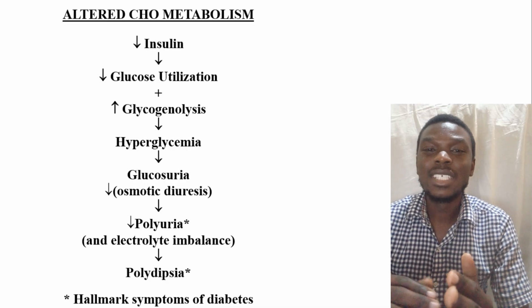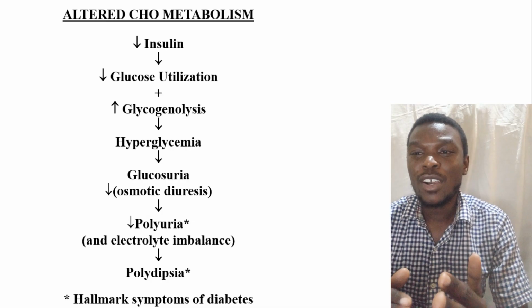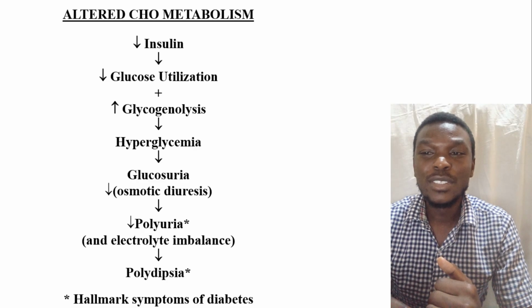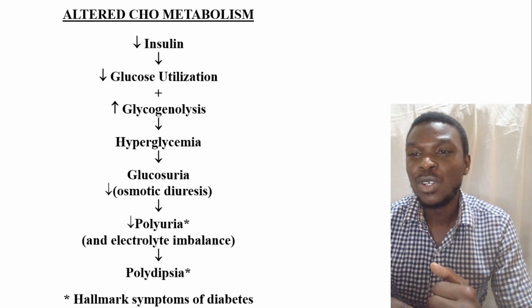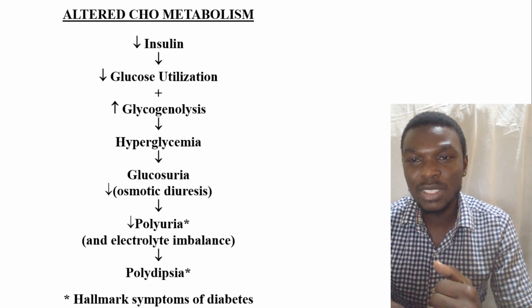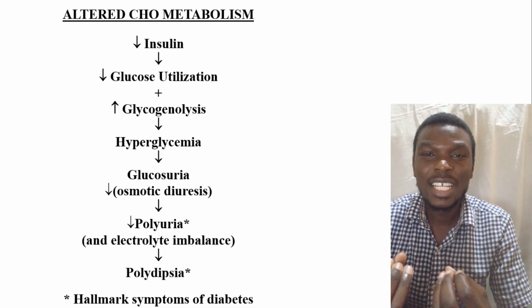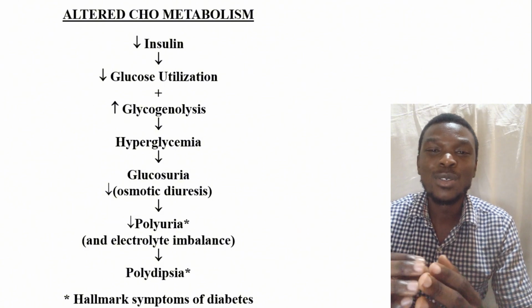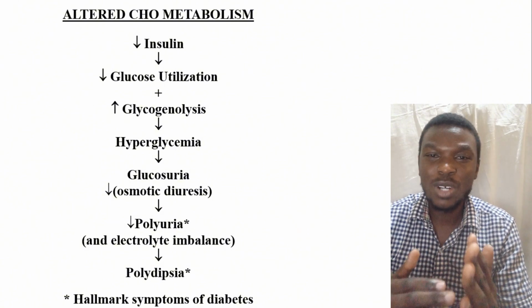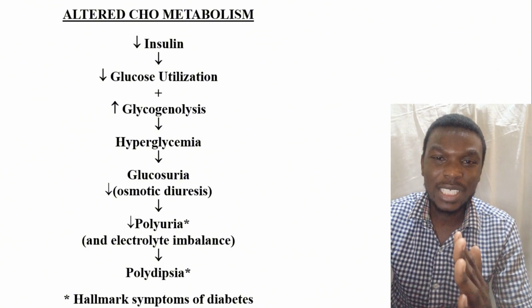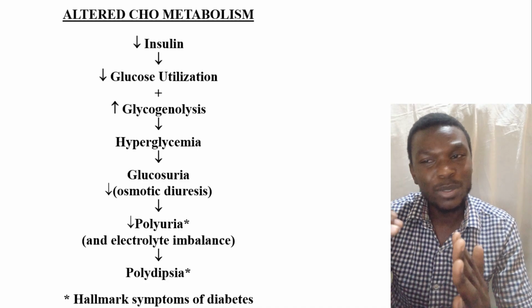Because of this hyperglycemia, you're going to have glucose in urine. The patient will start urinating glucose. The kidneys want to filter out the glucose because it has detected that the blood glucose levels have increased, so other glucose molecules start seeping into the urine.